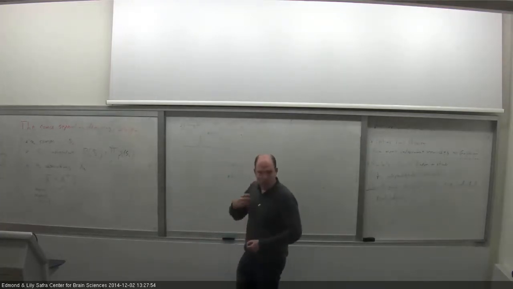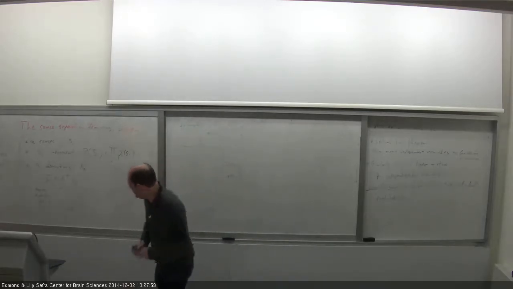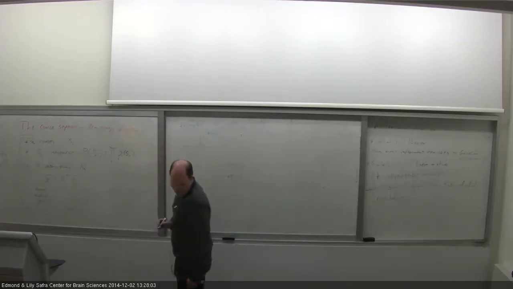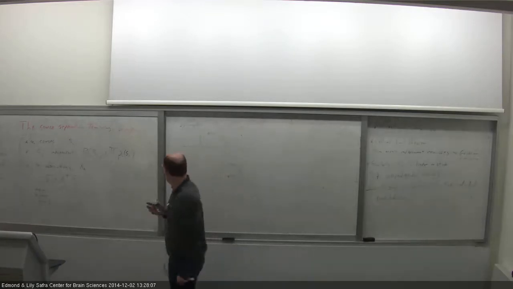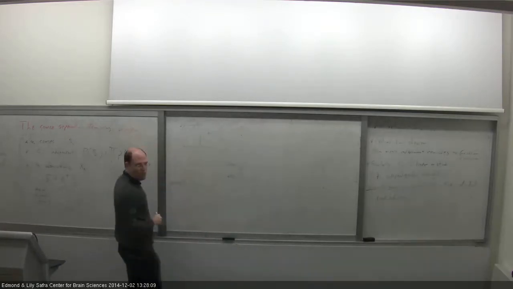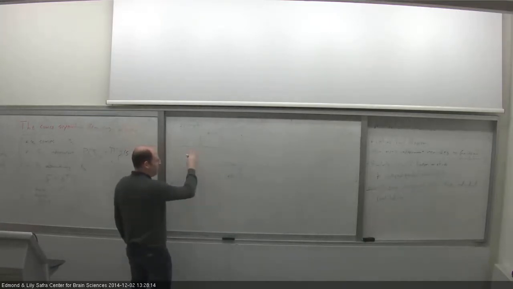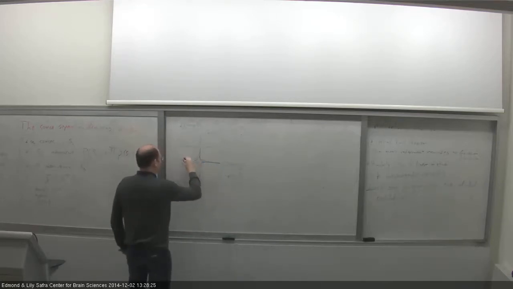If I would draw the joint distribution of S1 and S2, how would it look like? If I would draw the contour lines of this distribution, the lines over which the joint distribution is constant, it will look something like this. Okay, and this will be another contour line, and this will be another contour line.